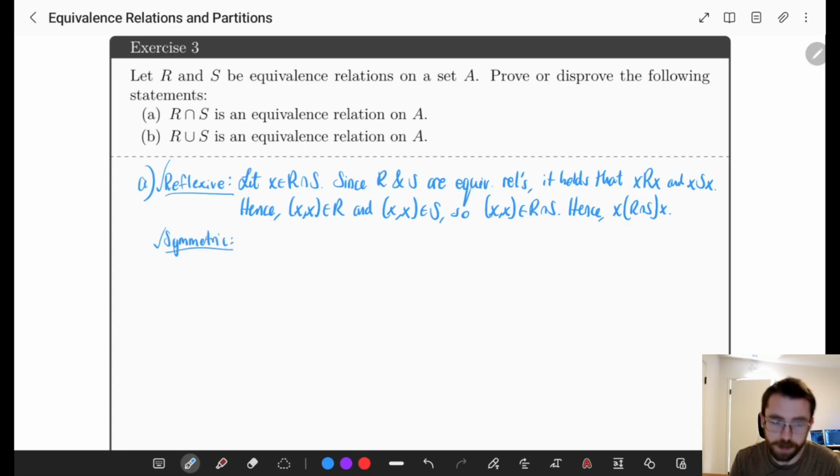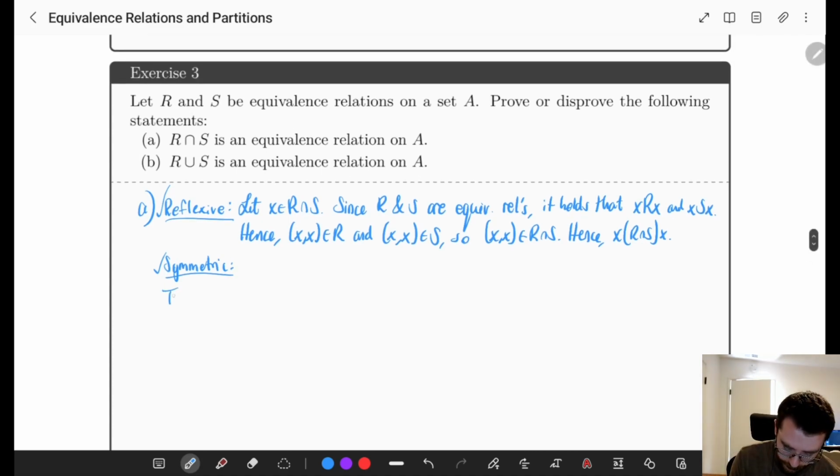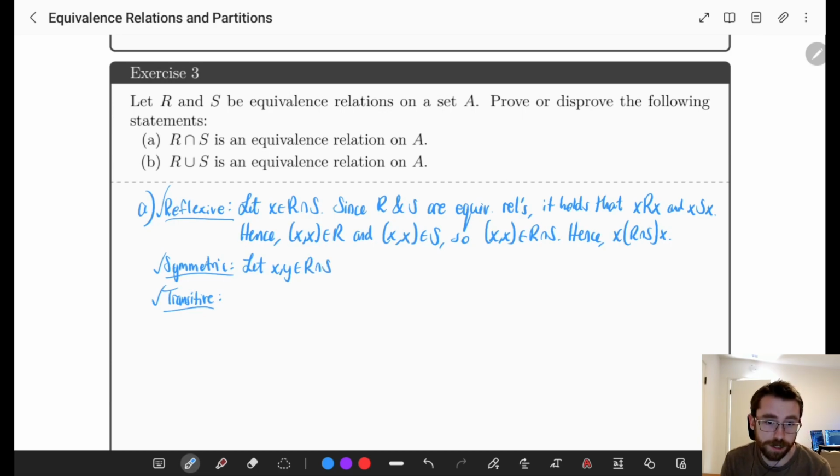I'll just preemptively put a check mark next to symmetric. Why is it symmetric? It's basically the same logic, right? So maybe I'll skip this and let you guys fill in the details. But the idea is, let's pick x and y that's in the intersection of R and S. And what do we suppose?